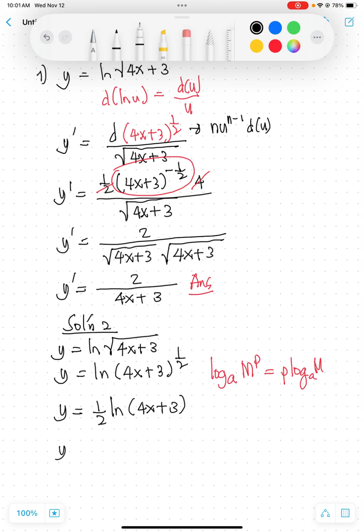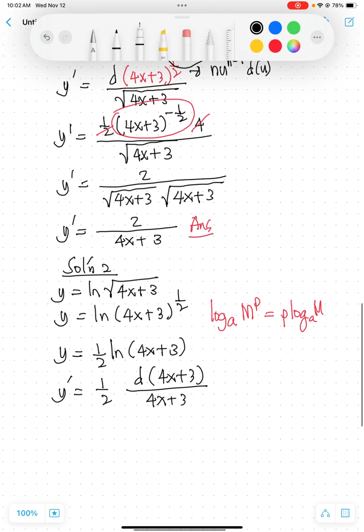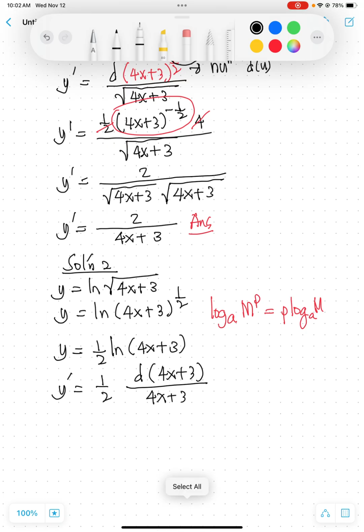After that, we now find the derivative. So I'll have y prime equals 1/2. Derivative of ln of u equals derivative of u over u. So we're going to use this rule again. We'll have derivative of u, 4x plus 3, divided by u, 4x plus 3. If we get the derivative of 4x plus 3, the answer is 4.